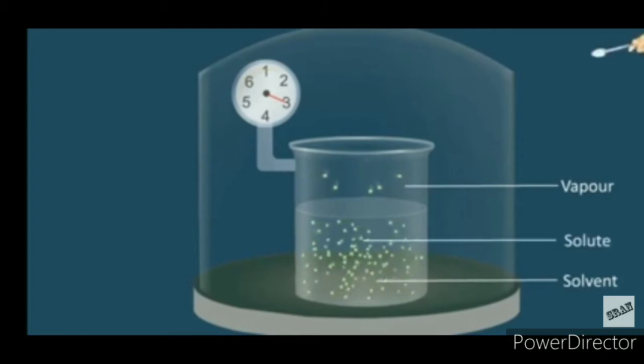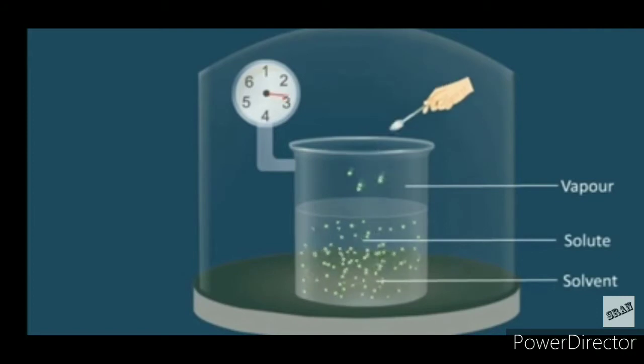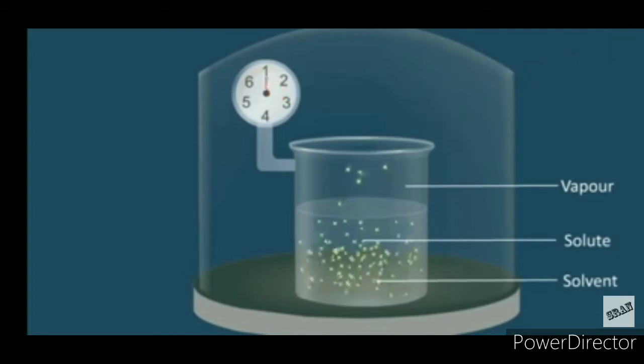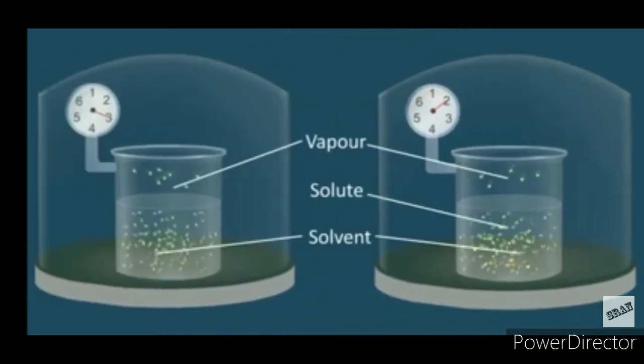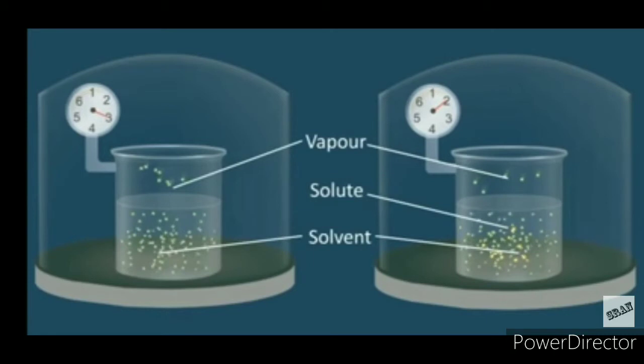When solid solute particles are added to the solvent, evaporation of this solution takes place. The vapor phase again consists of vapors of the solvent, that is, of water, because the solute is non-volatile. However, the vapor pressure of the solution is found to be less than that of the pure solvent. This occurs because the non-volatile solute molecules occupy certain surface area as shown in the animation.